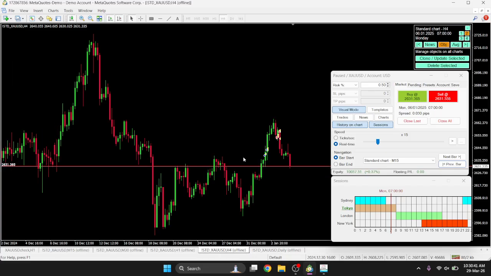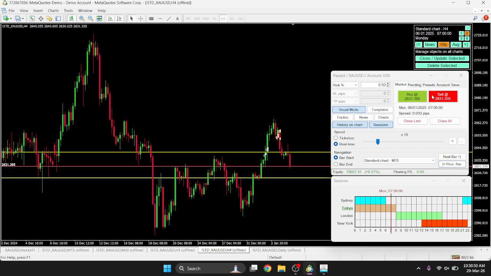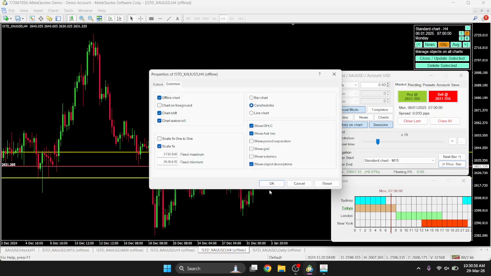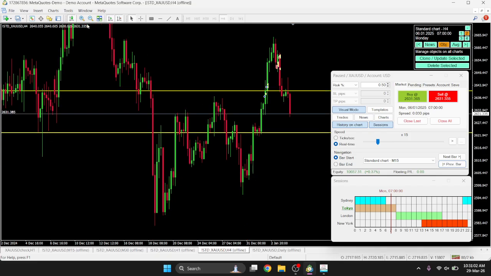If you look at the 4 hour, what the 4 hour is showing us, the daily support and resistance is also our 4 hour support and resistance. So let's move towards 1 hour.